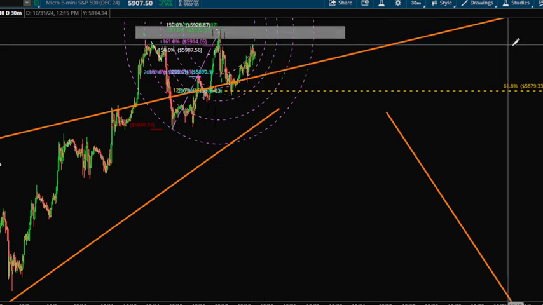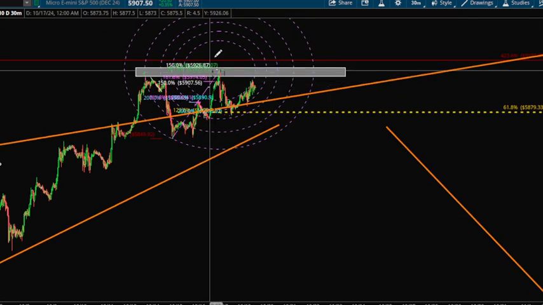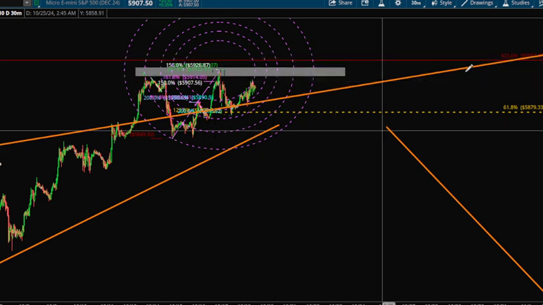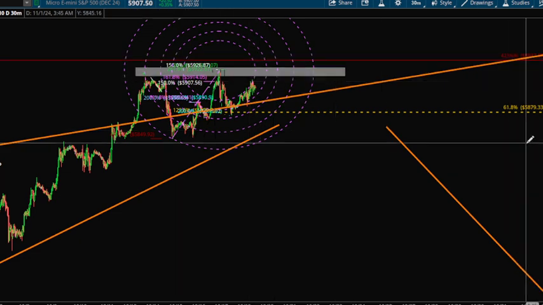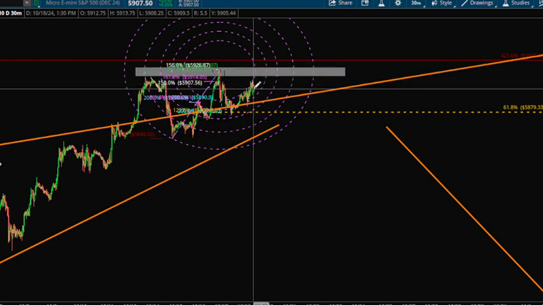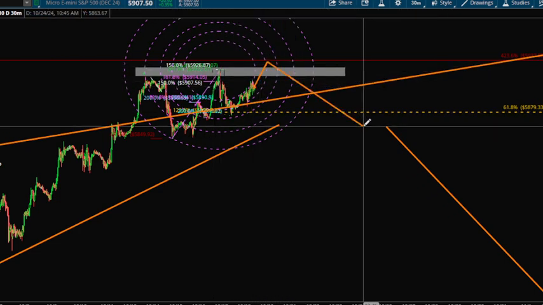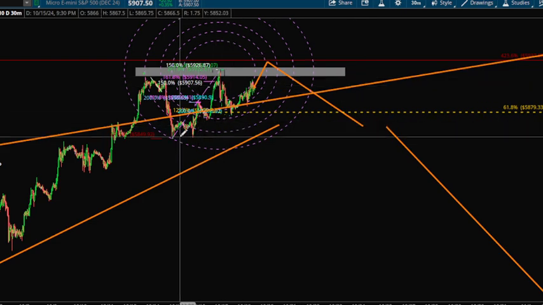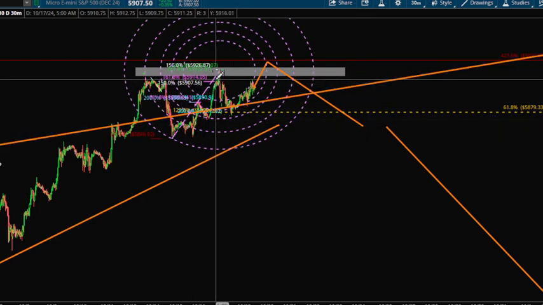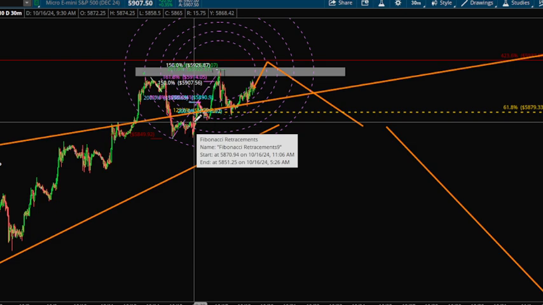Again, if it breaks it, I have this fib up here that it's probably going to react to, and so that could very well be the case, where it comes up here and then starts trailing down, and then this 1, 2, 3, 4, 5 would be like a minuet count.